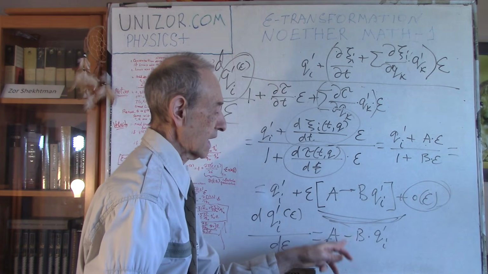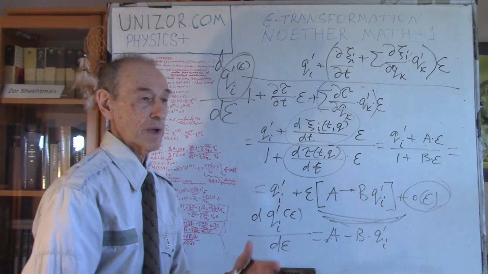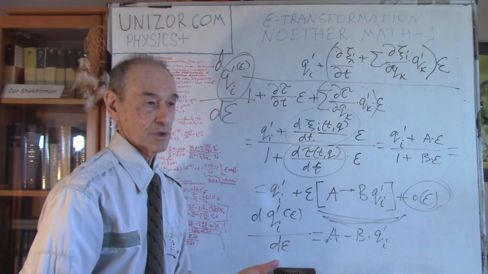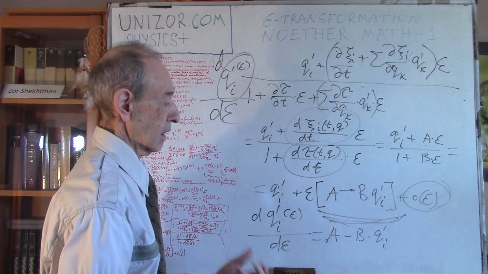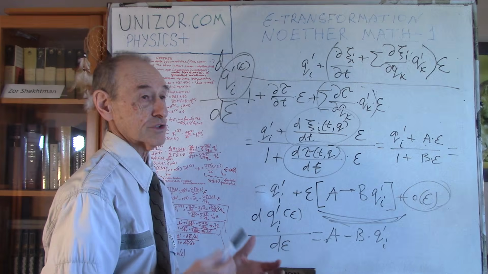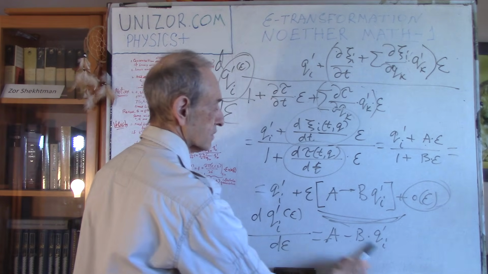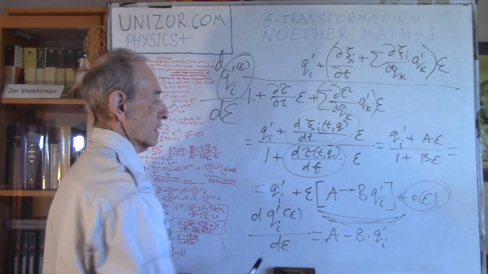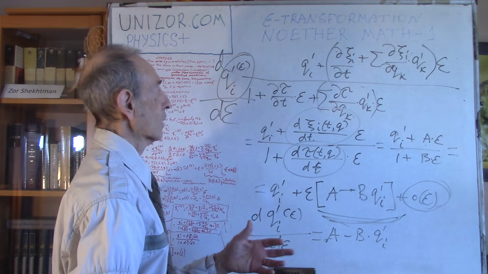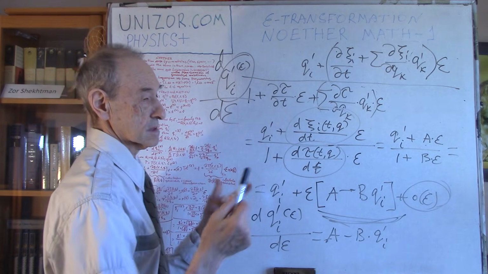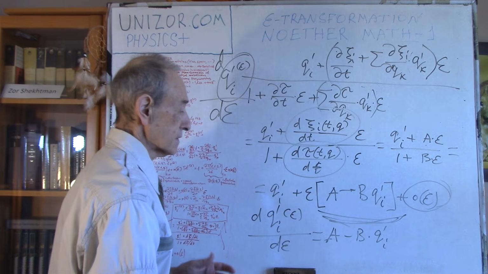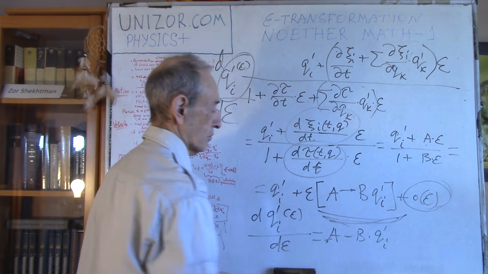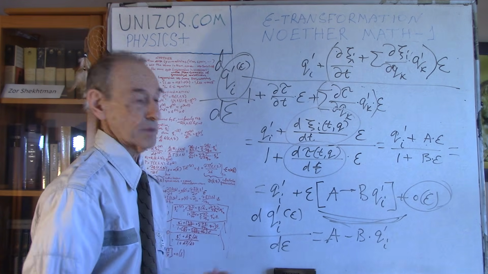And this is some kind of an additional member related to change of time. If time was constant, if time was not changing, I would not have this member. I would have only a. But since time is changing as well as with the epsilon thing, that causes this additional member. That's a physical sense of it, basically.